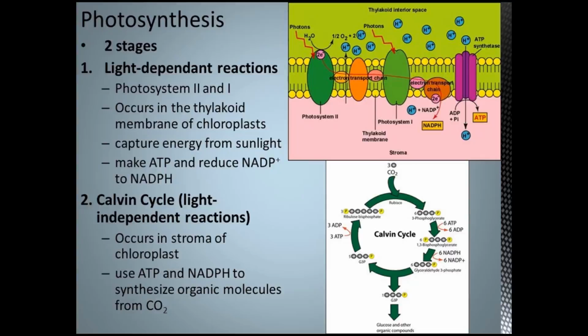Carbon dioxide comes in here. Next ADP, ATP, then NADPH, NADP. These together make glucose and other organic compounds. After that we get ATP and ADP again.